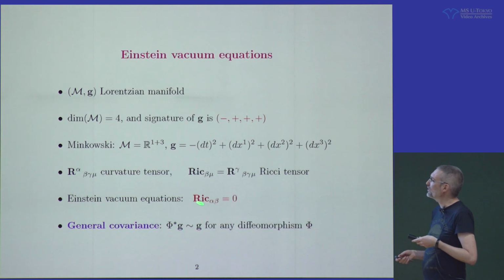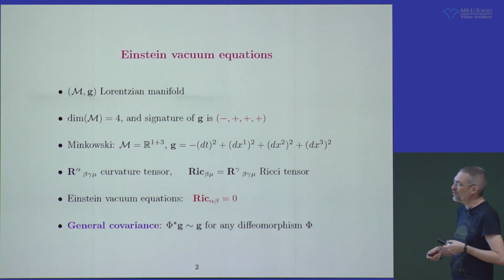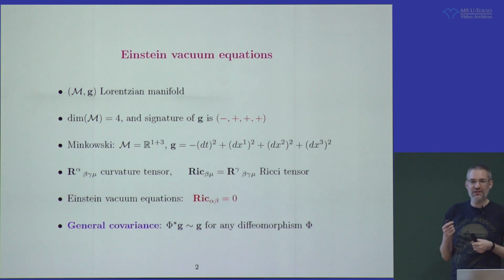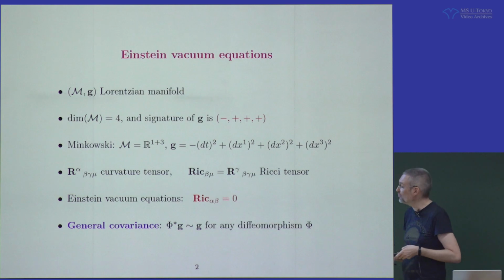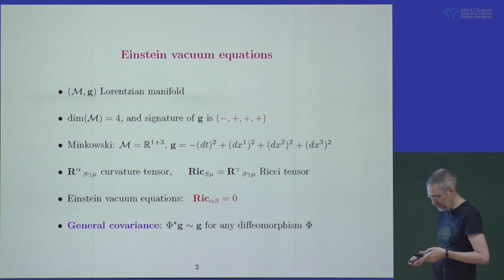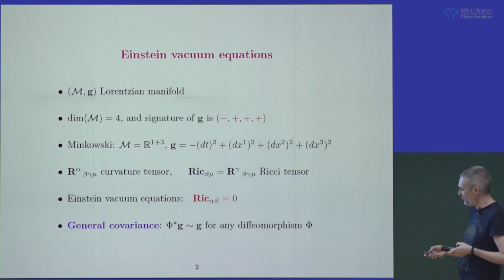So you don't look at just solutions of the Einstein vacuum equations, but rather classes of equivalence of solutions modulo diffeomorphism. This is the so-called principle of general covariance. This will play an important role in this talk, but another way to look at general covariance is the fact that these equations are invariant under change of coordinates. So the Einstein vacuum equations are true in any coordinate system. You have the freedom to pick your favorite coordinate system.